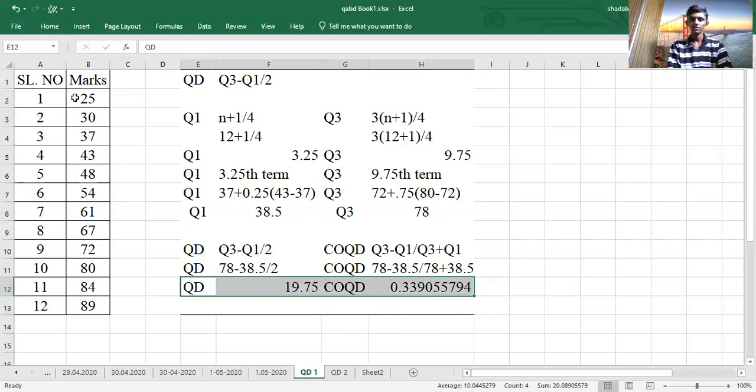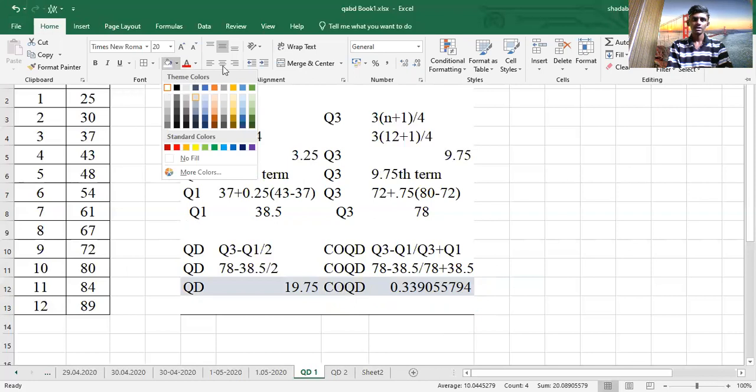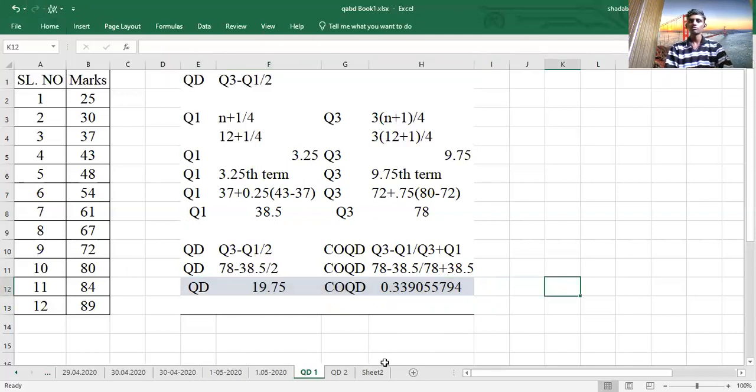That is our coefficient of quartile deviation. Therefore, in this problem the quartile deviation is 19.75 and its coefficient is 0.339. This is the problem of an individual series.